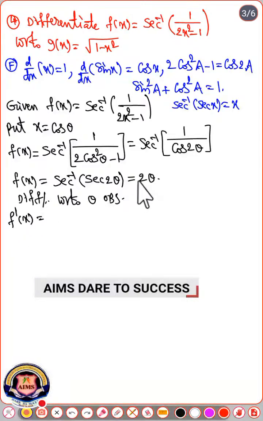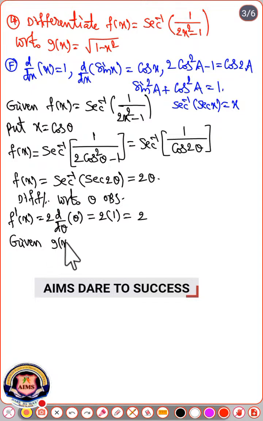Here, 2 theta, 2 is the coefficient of theta, so it goes outside: 2 into d by d theta of theta. d by d theta of theta is 1, so 2 ones are 2. After that, another given value is g of x is equal to under root 1 minus x square.